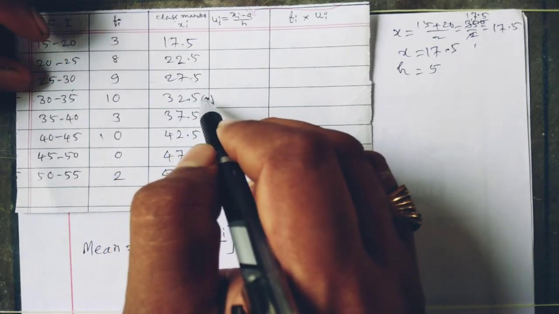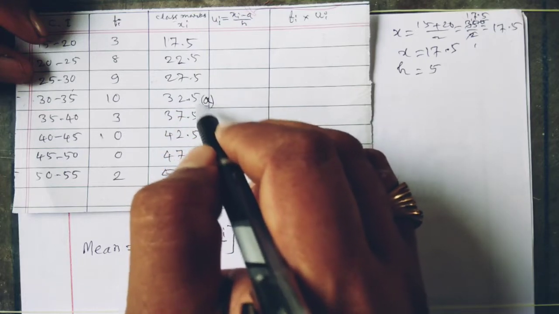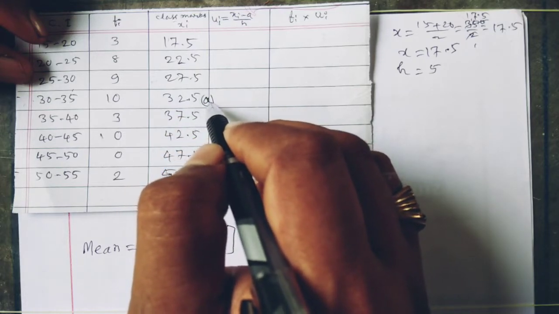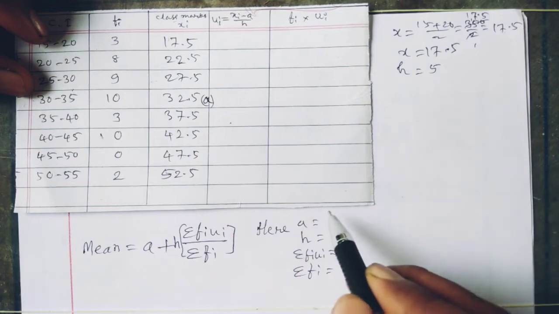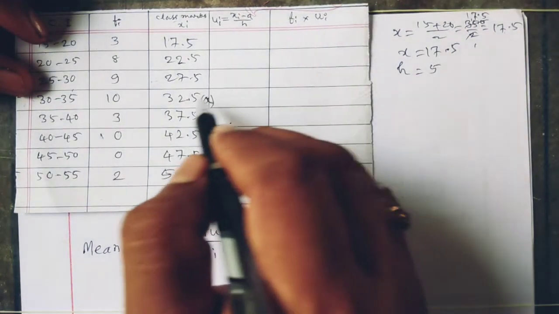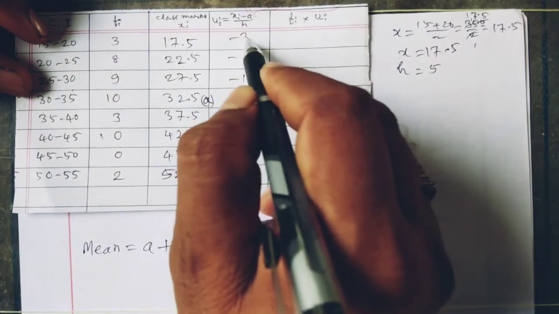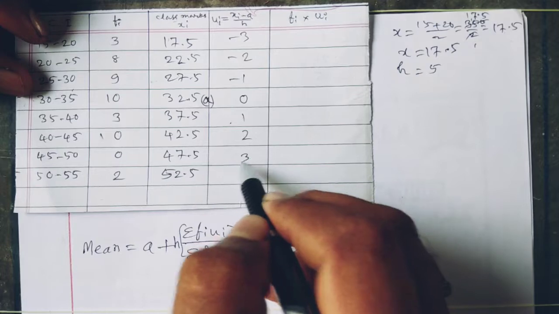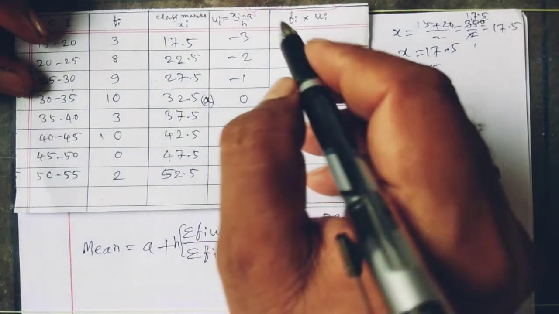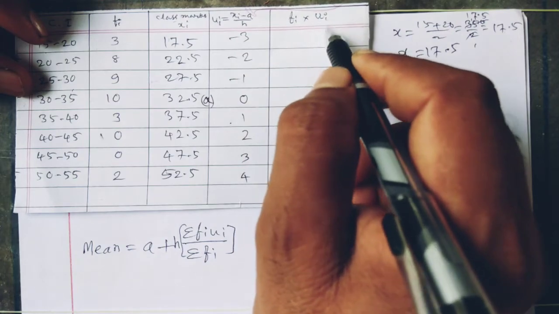We can take any value as the assumed mean, but generally we take the middle value. So a is equal to 32.5. Here we can get 0, minus 1, minus 2, minus 3, 1, 2, 3, 4. This is ui. Now we have to find fi ui.